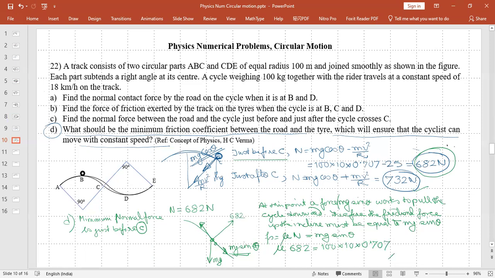If you calculate from here, you will find mu is equal to 1.037. So this is the entire problem. This problem is, of course, a little tricky, but once you understand the problem, it's not difficult to solve.